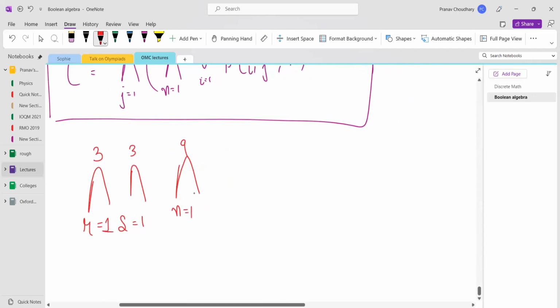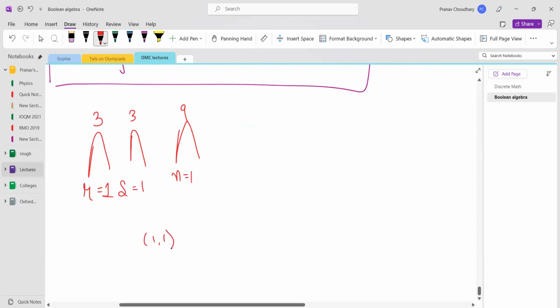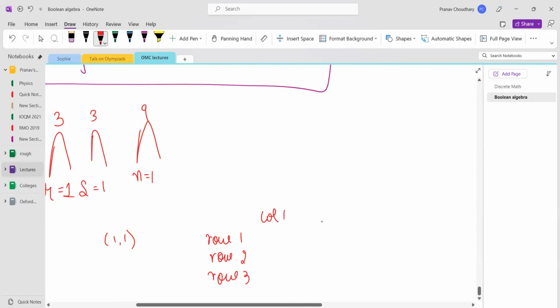Let's say in block 1, comma 1, the rows range from row 1, row 2, row 3, and column 1, column 2, column 3.